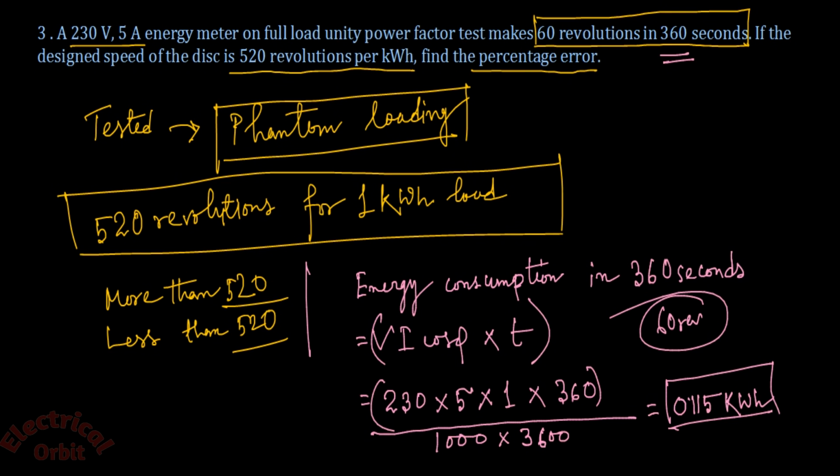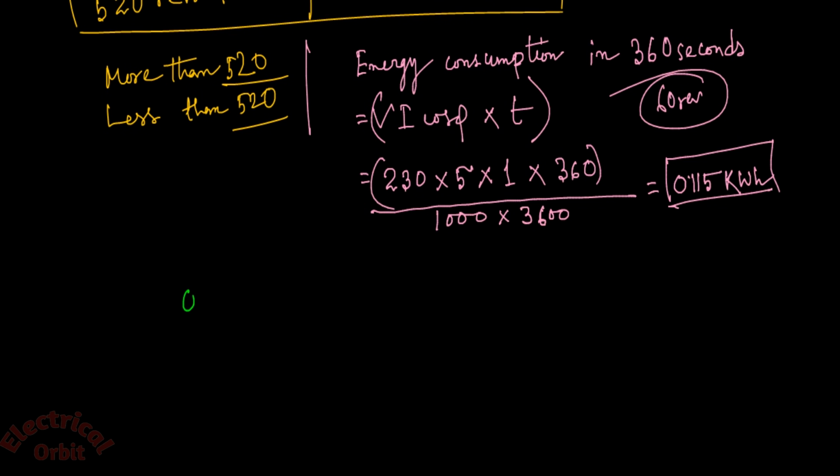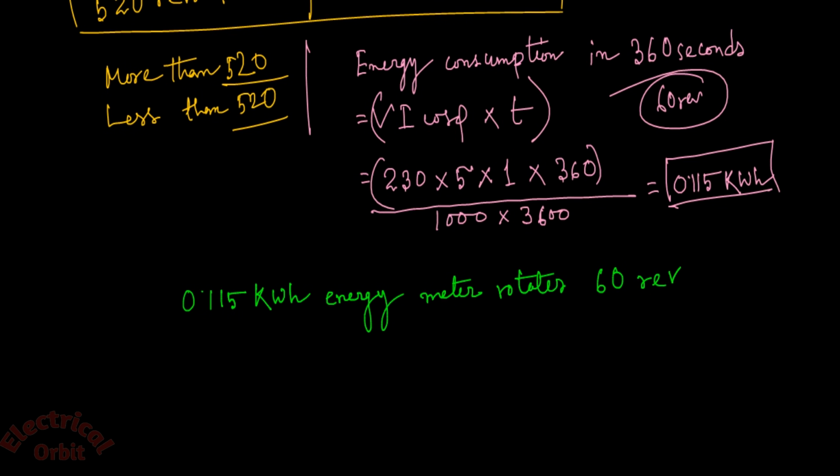Now as per this speed, for measuring 1 kilowatt hour, how many revolutions will the meter do? For 0.115 kilowatt hour, the energy meter rotates 60 revolutions. For 1 kilowatt hour, the energy meter will rotate 1 divided by 0.115 into 60, that means 521.739 revolutions.